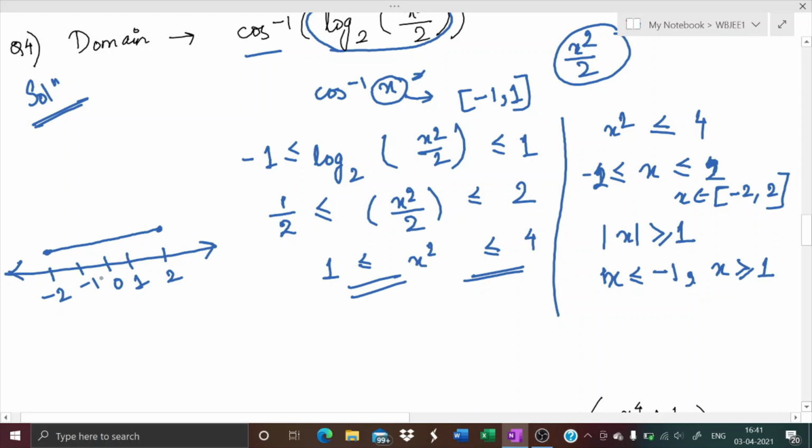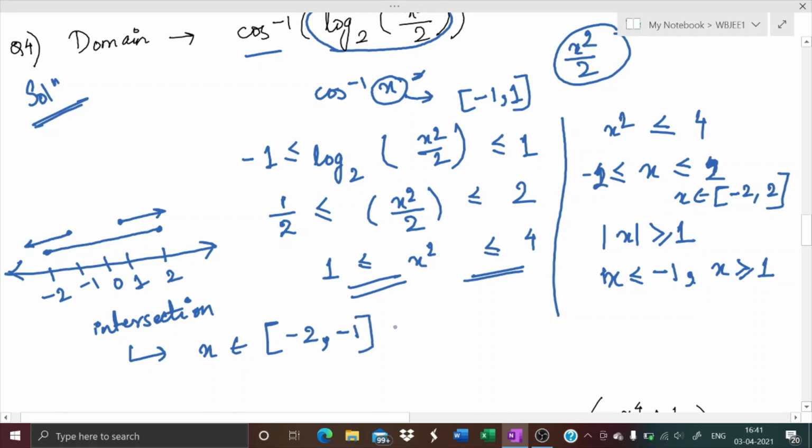And here it is saying that it is less than or equal to -1, so from -1 to -infinity, and greater than or equal to 1, so 1 to infinity. Now if I take the intersection, I will be getting x belongs to -2 to -1, both inclusive, closed bracket, union 1 to 2. Okay, so this would be my answer.